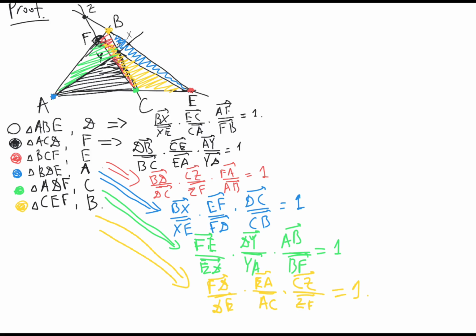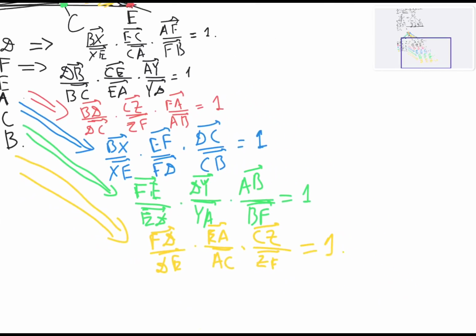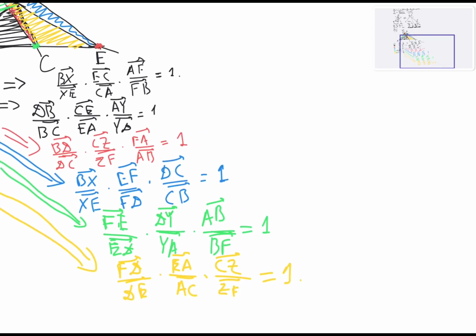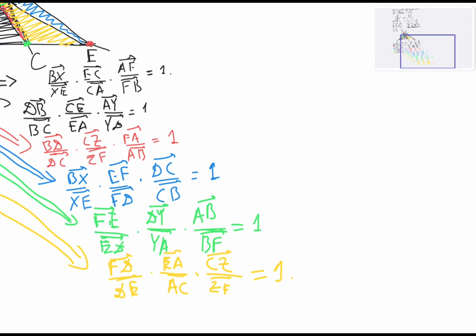So we have 6 equalities. So what we do now is we multiply all of them. We have these 6 equalities. We multiply all of them, and that's what we get.